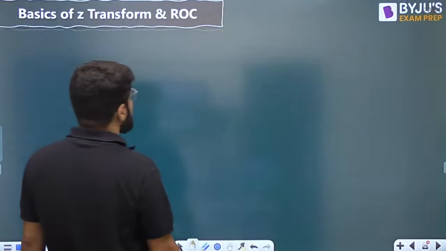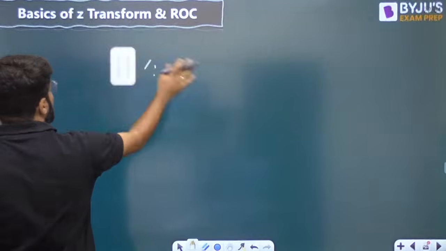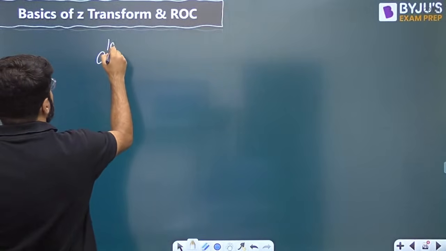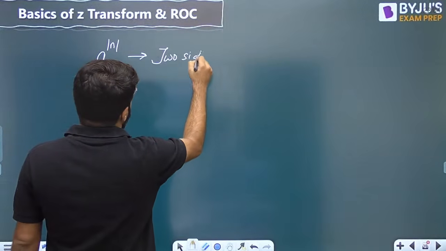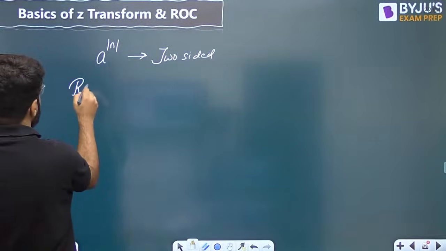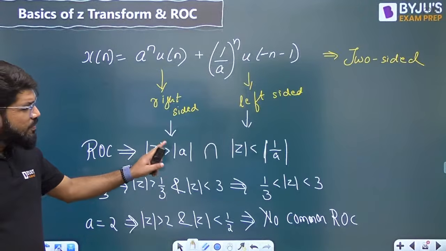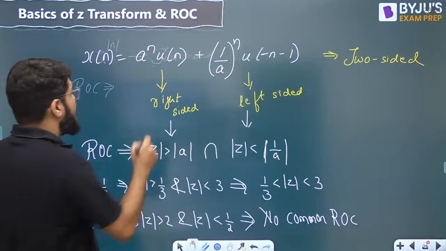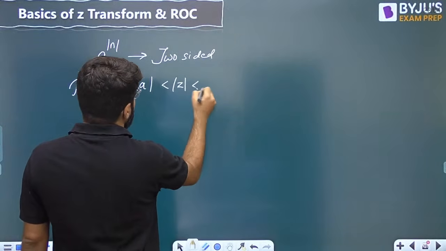So the conclusion is: for the signal a power modulus of n, which is two-sided, what is the ROC? Mod z should be greater than a but less than 1 by a. That means it should be between a and 1 by a.